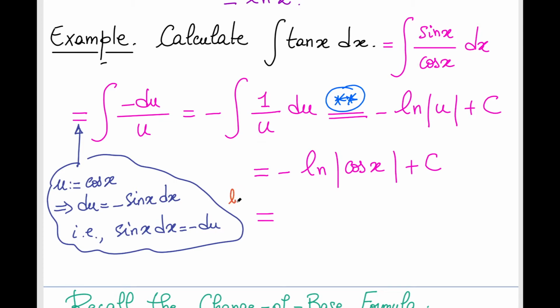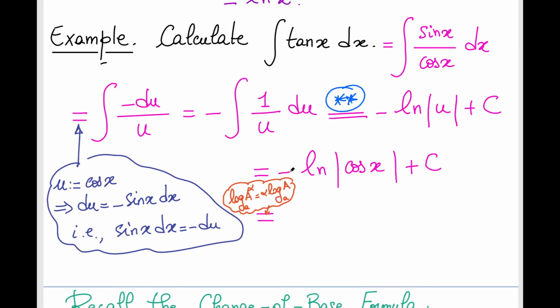Namely, log base a of A to the power alpha is equal to alpha times log base a of A, right? That's the property I'm alluding to. I'm using it backwards now, when alpha is -1.